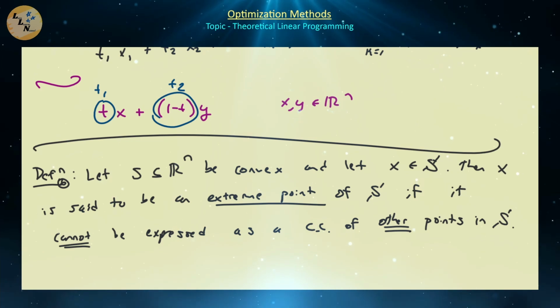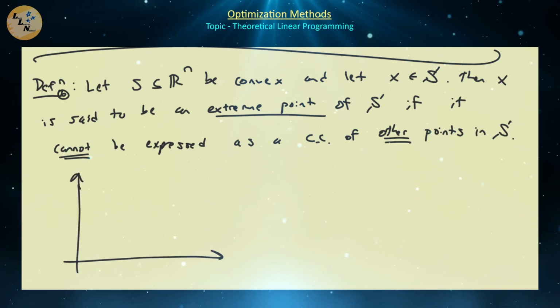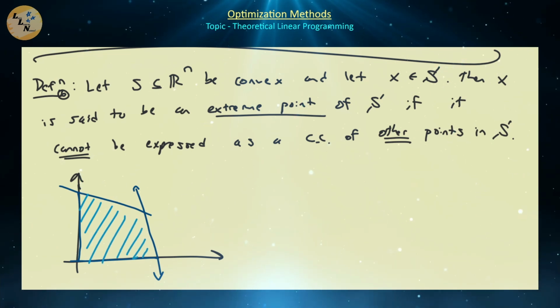Okay, so let's look at a two-dimensional perspective of what's going on here. So what exactly is an extreme point? Let's consider the classical feasible region for two constraints with two restrictions. So where would the extreme points be here?